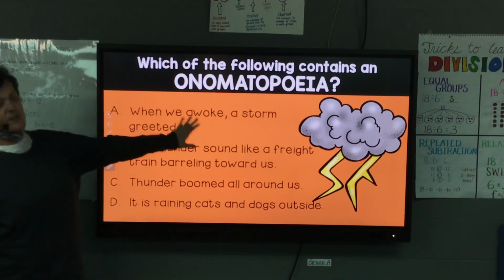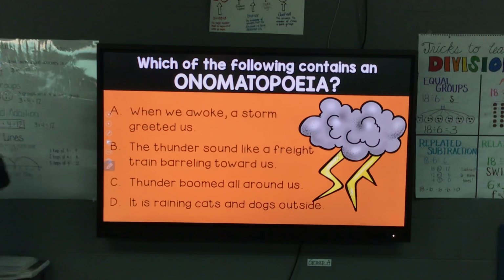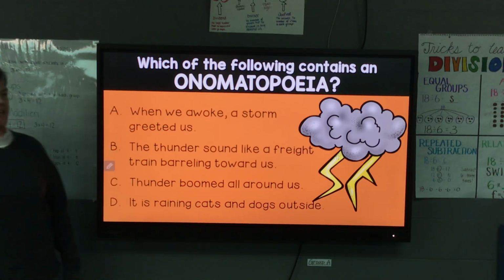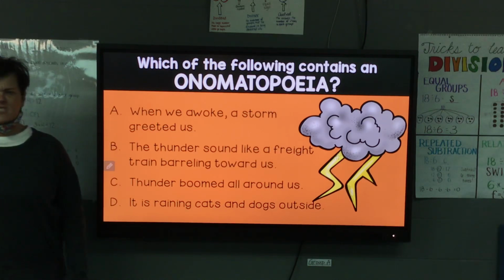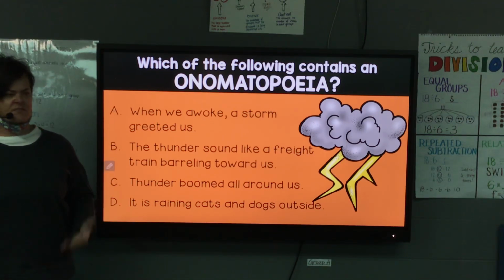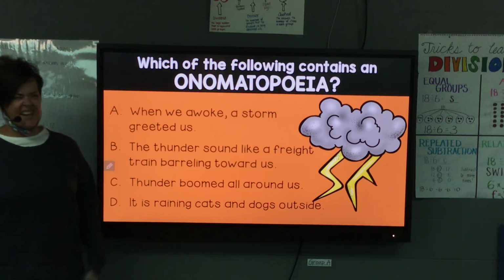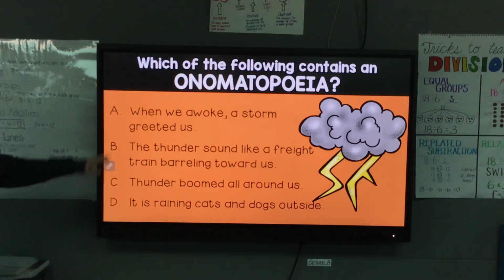All right, let's see if we can figure out which sentence is using onomatopoeia. A, when we awoke, a storm greeted us. Is that using a word to describe a sound? I'm not sure. What about B? The thunder sounded like a freight train barreling toward us. C, thunder boomed all around us.